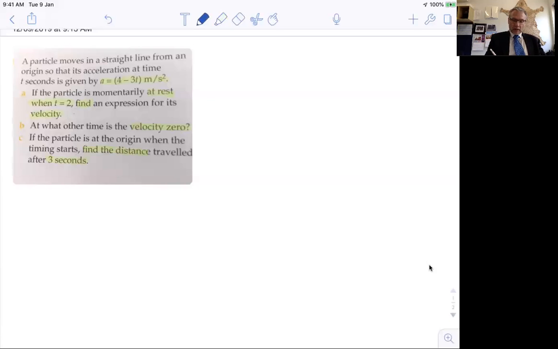Again, just a reminder that if I've got S, V, A, displacement, velocity, and acceleration, I'm starting with acceleration, initially working back towards velocity and then to the distance or displacement. So all of this involves anti-differentiation.